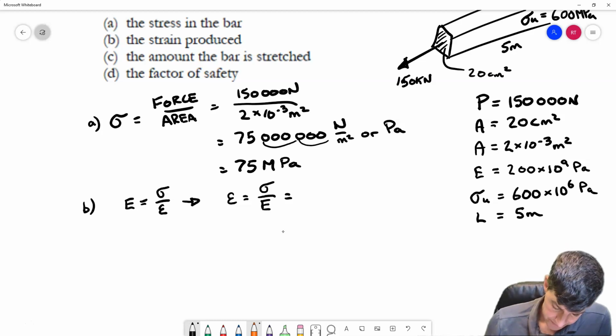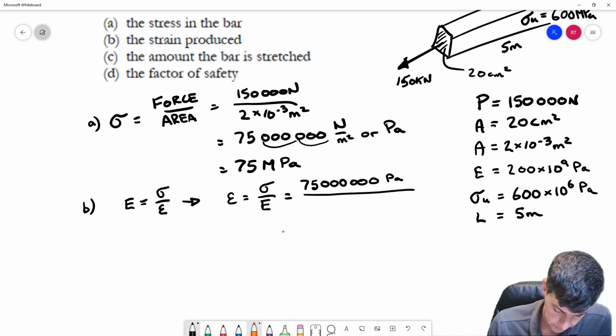So I have my stress, 75 million pascals, compared to 200 times 10 to the 9th pascals.